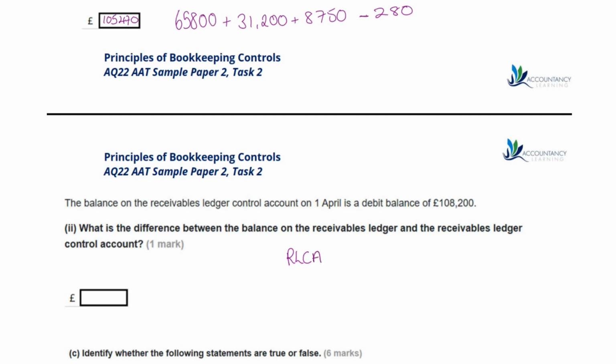The control account is 108,200, and the receivables ledger we worked out was 105,470 in the previous part. That gives us a difference of £2,730.